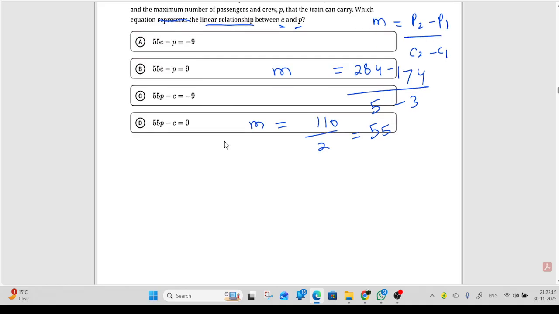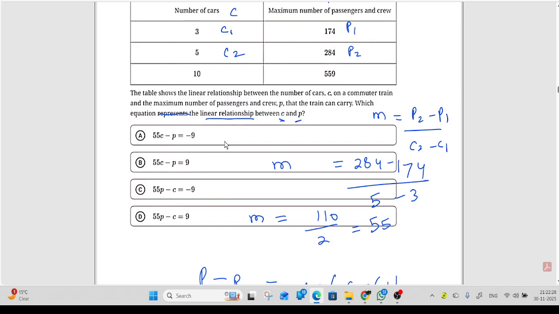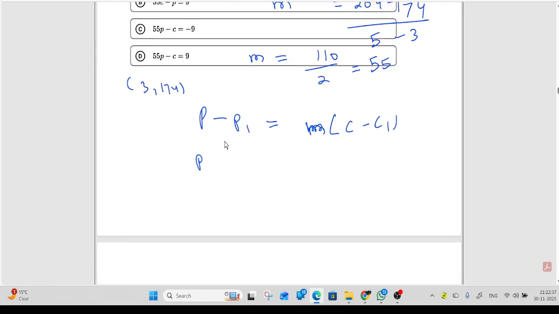I use the point slope form, which is p minus p1 equals m, the slope, times c minus c1. I take any one point out of these. Let's say I'm taking 3 comma 174, this is c1 and p1. So p minus 174, slope is 55, c minus 3.